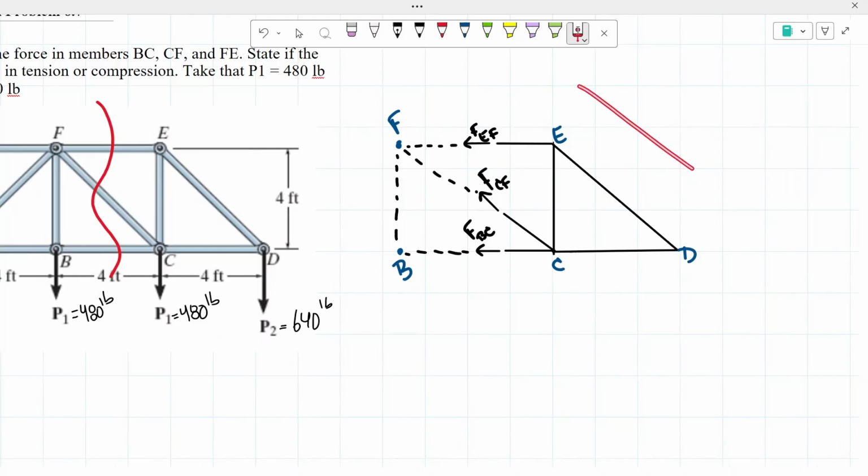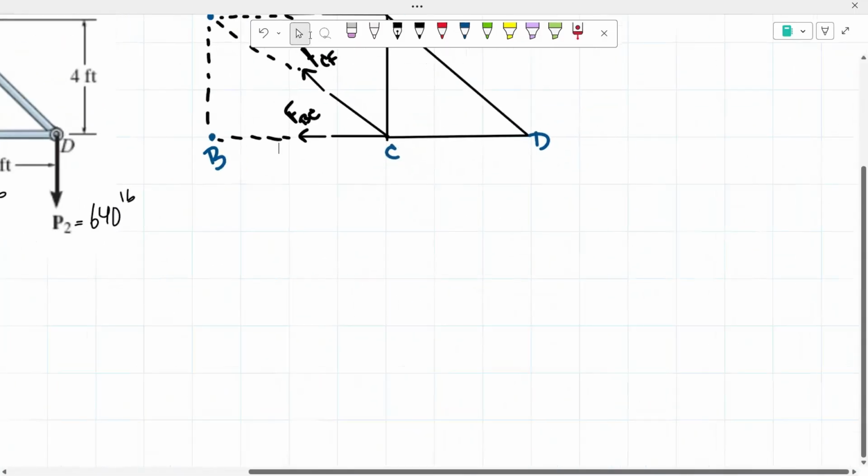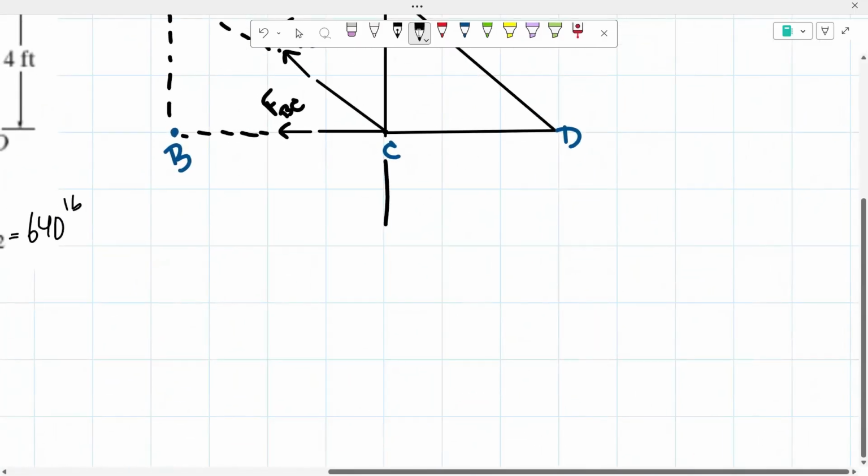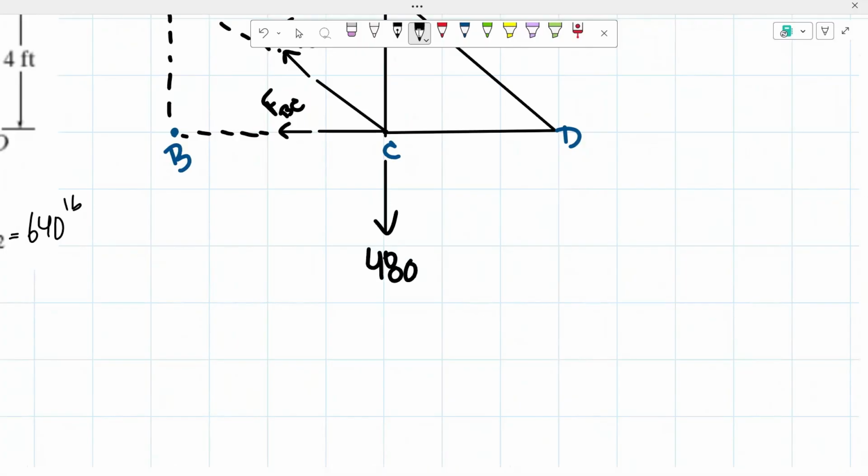From there, we know that we have our two forces, one of 480 pounds and one of 640 pounds. From there, we know that from here to here, we have a distance of 4 feet.